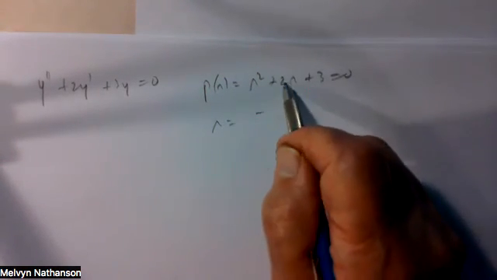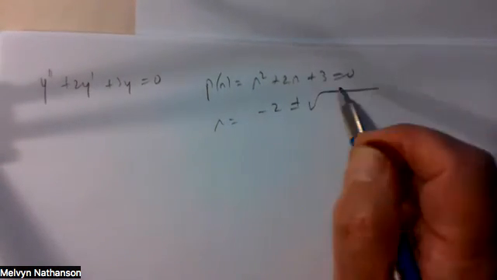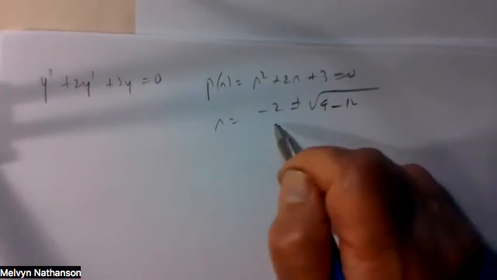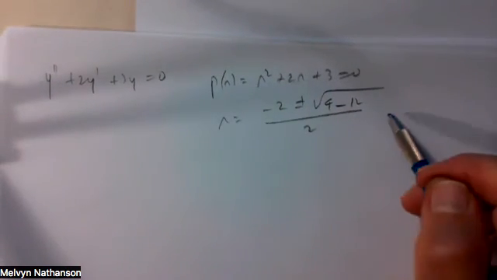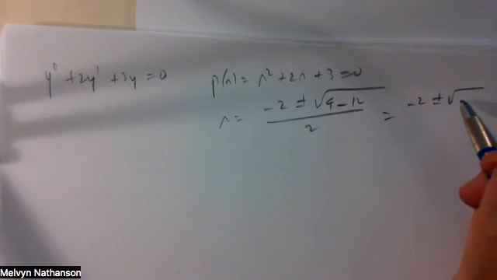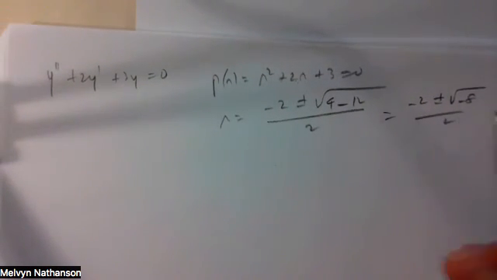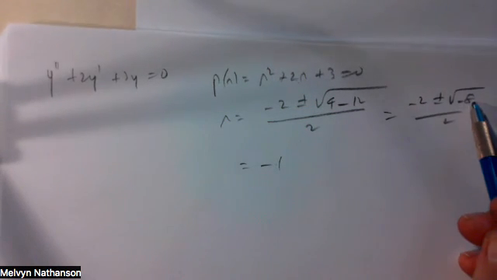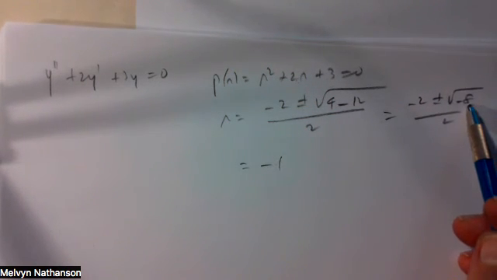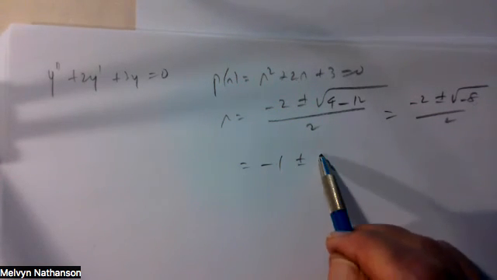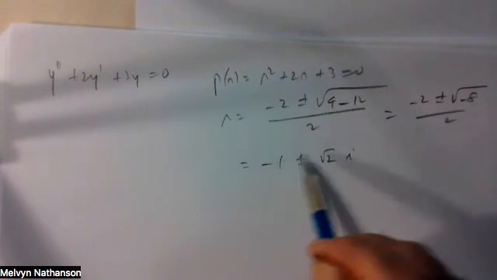So r is minus 2 plus or minus the square root of b squared minus 4ac over 2a. This is minus 2 plus or minus the square root of minus 8 over 2, which is minus 1. See, square root of 8 is 2 root 2, plus or minus root 2 i.